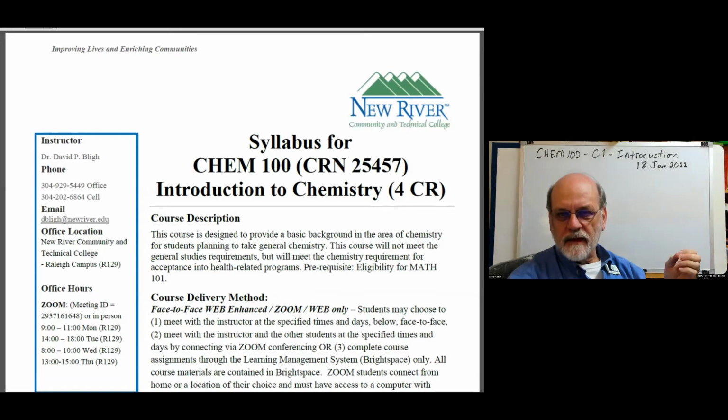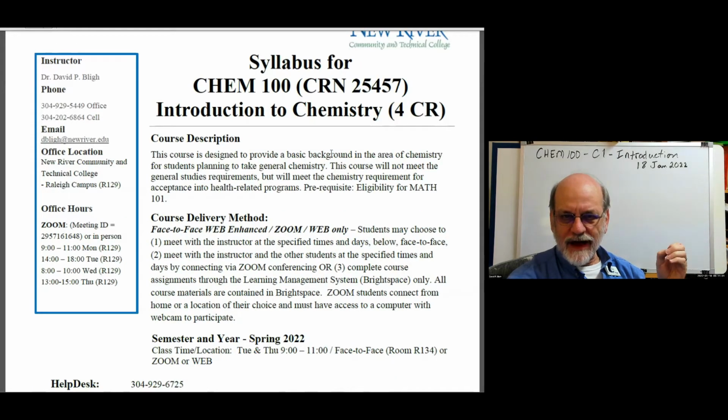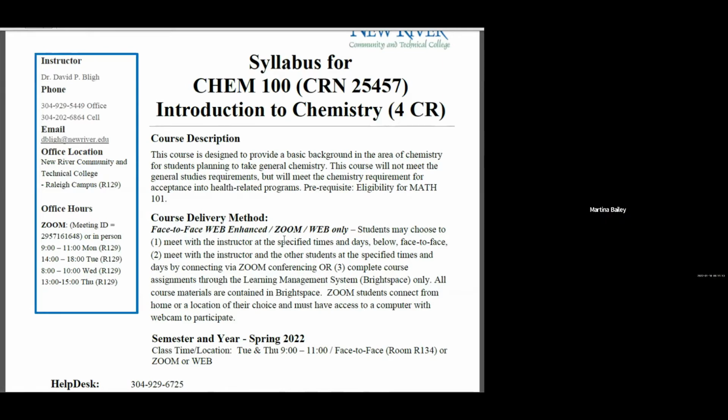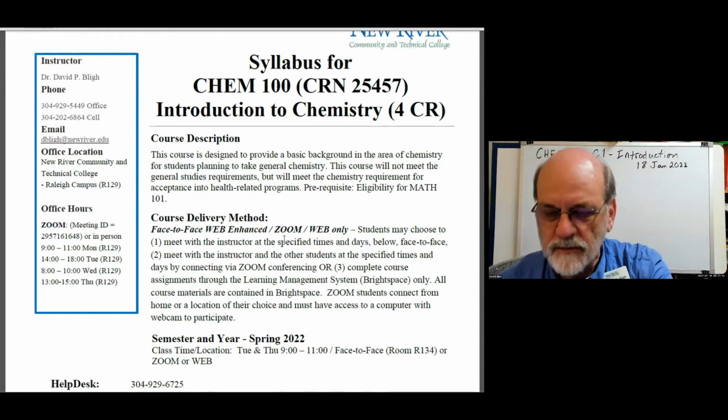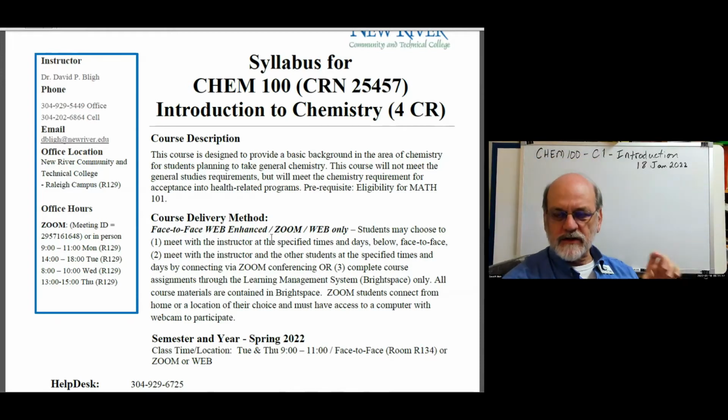Okay, so let's see, we'll be sure we're in the right class, CHEM100, and this is the CRN. Did you sign up for the face-to-face? I think so. Okay. Because originally we had CHEM100 face-to-face / Zoom, and you could choose either one.